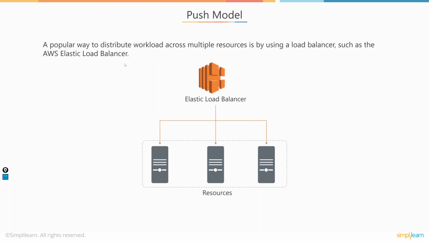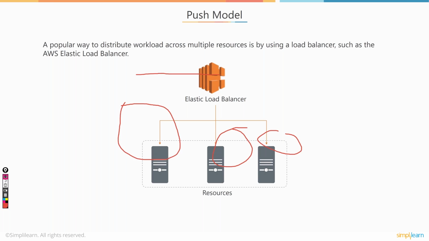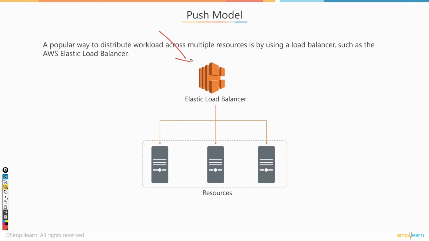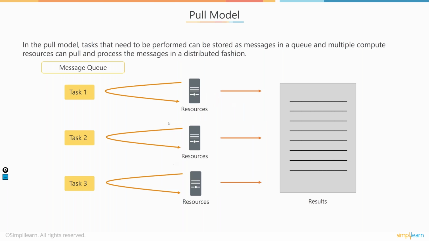Push model. It's a popular way to distribute workloads across multiple resources by using a load balancer, such as the AWS load balancer. Whenever requests come to the ELB through here, the ELB will push all those requests to all of your resources, and that's a push model. There is also a pull model that we will see now, and it's like a message queue.